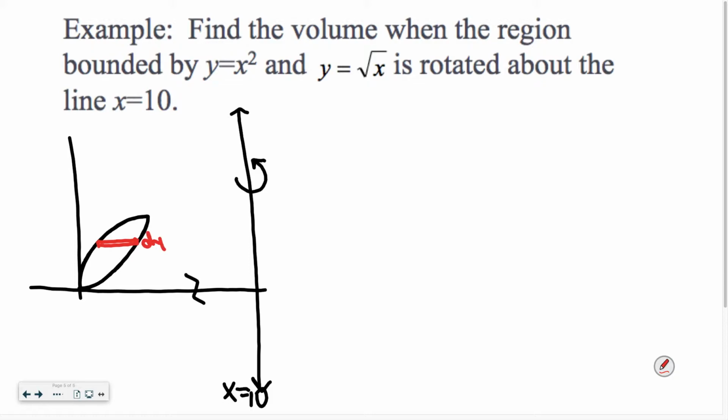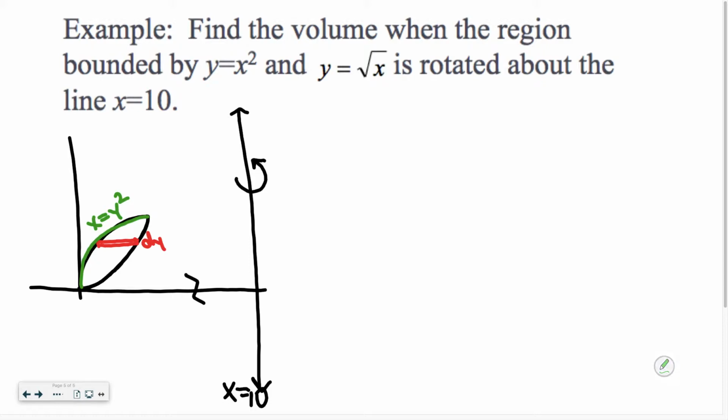Okay. Well, I just gave you equations that were in terms of x, so we need to rewrite them in terms of y. So I'm going to use some colors here. This green function right here was y equals the square root of x. Well, if we rearrange that, that becomes x equals y squared.